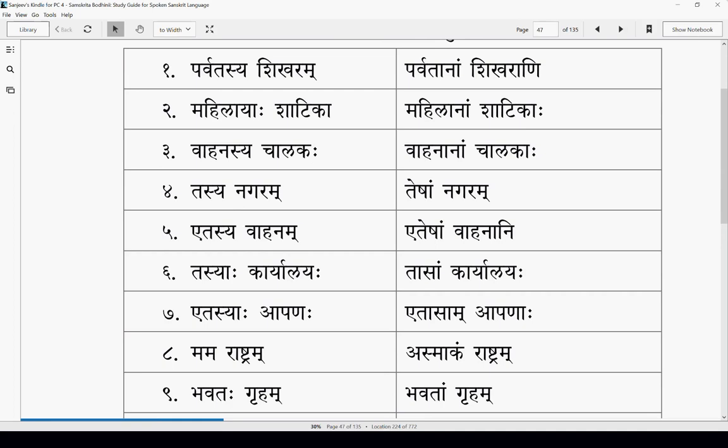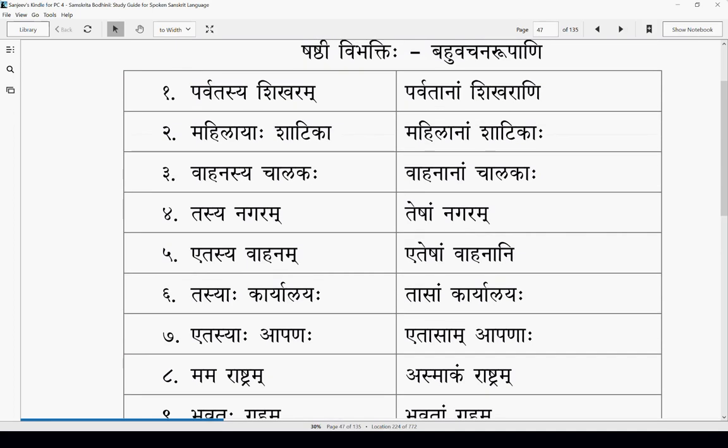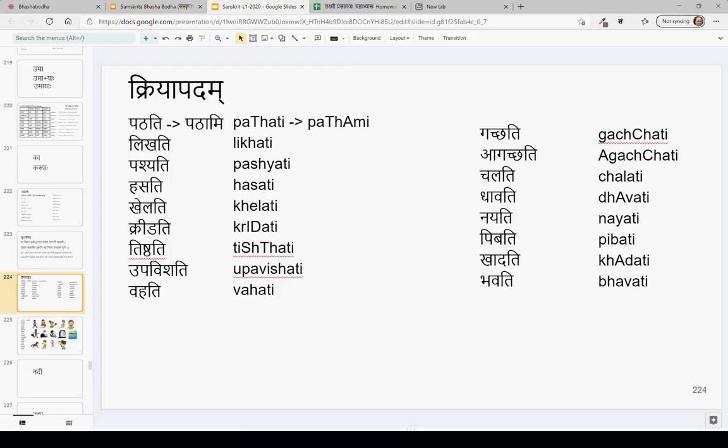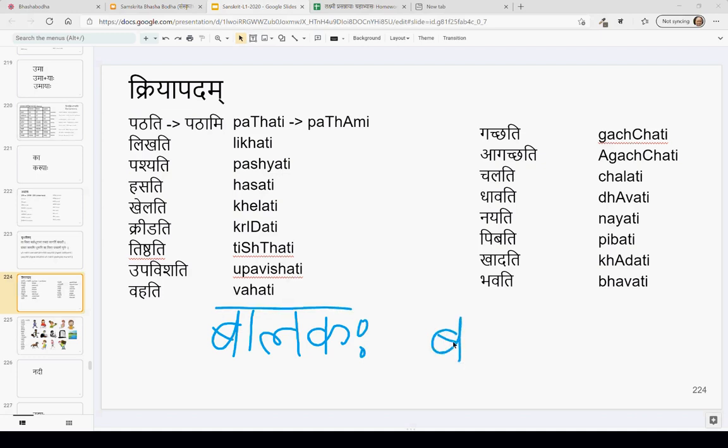So we studied the Bahuvachana form of Prathama Vibhakti. What is the Bahuvachanam of Balakaha? Bahuvachana form of Balaka is Balakaha. Similarly, this is Akaranta Pullinga, and all the Akaranta Pullinga words follow a similar pattern.